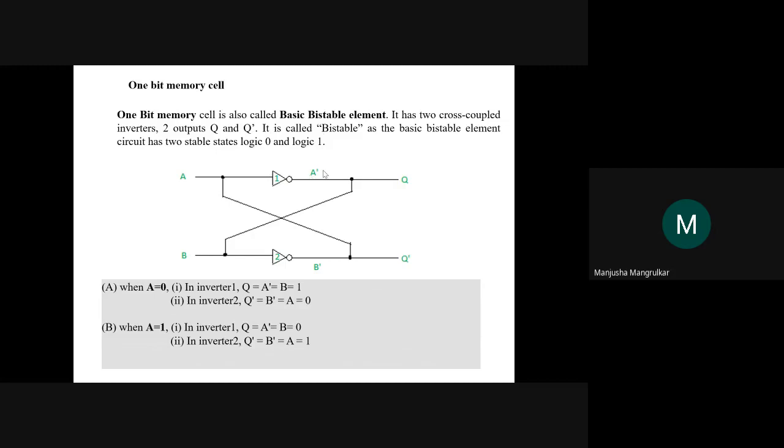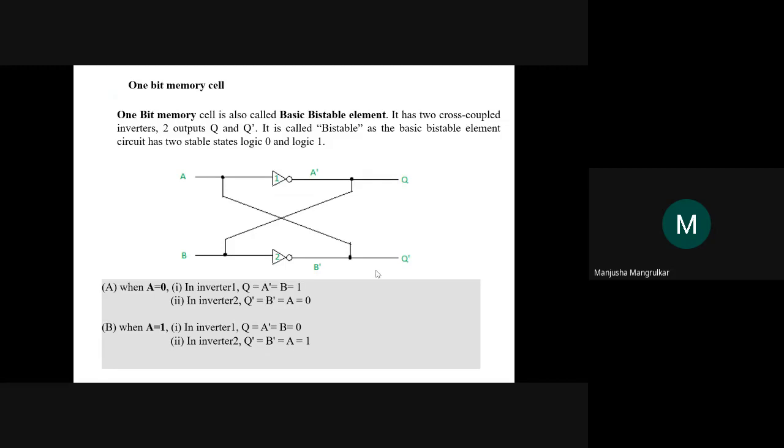A complement is 1 means Q is equal to 1. If Q is equal to 1, it comes here, so B input is 1. Now here is an inverter, B complement is 0, so Q complement is equal to 0. Again it goes back to A as 0, and again it's 1.